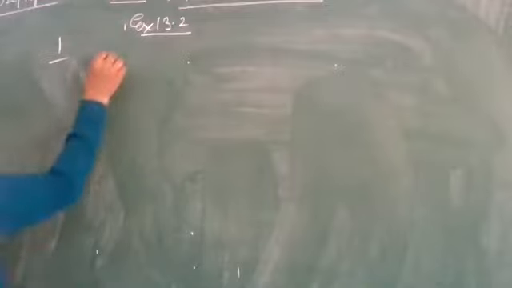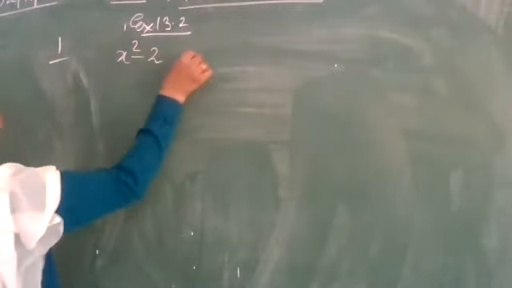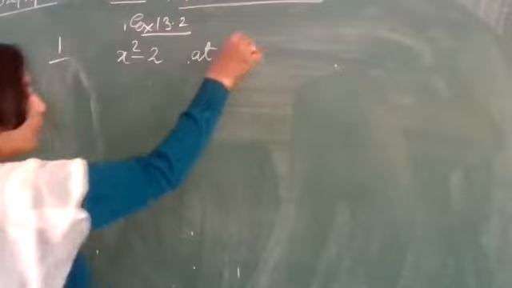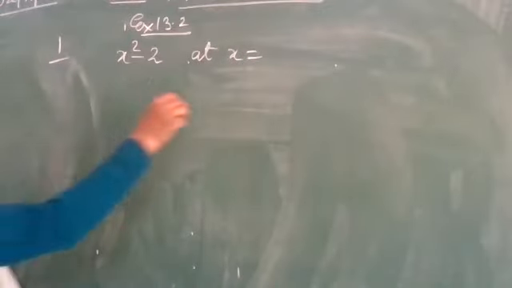Question number 1. You have to find the derivative of x square minus 2 at x equal to 10.